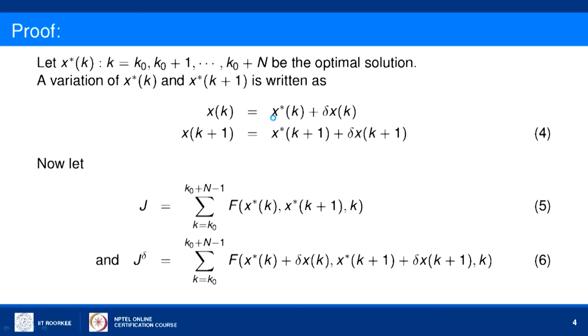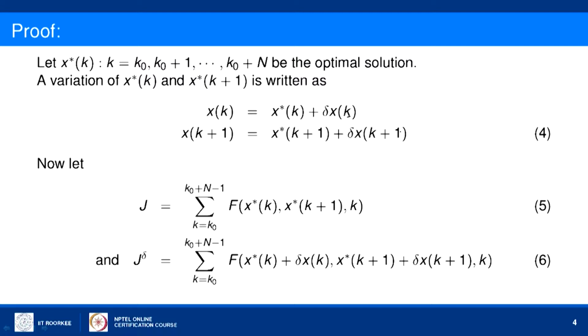Now, x star k is an optimal sequence. So, the variation in x star k is given by del xk. It gives a new sequence x of k, and x k plus 1 is the sequence starting from x star k plus 1 plus del x of k plus 1.